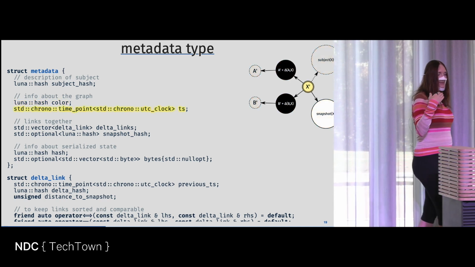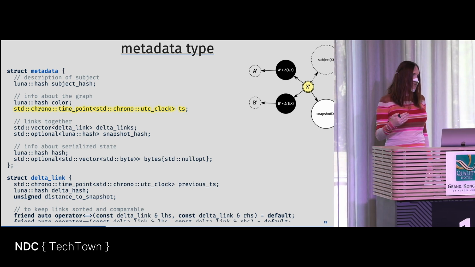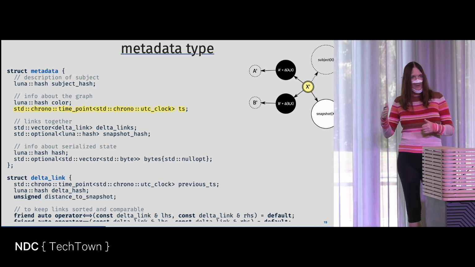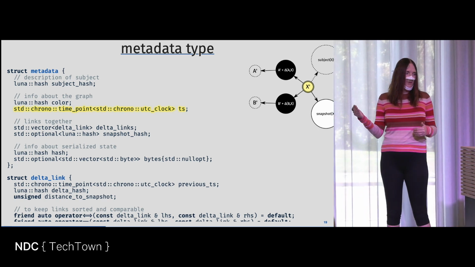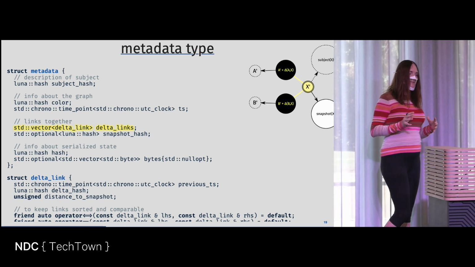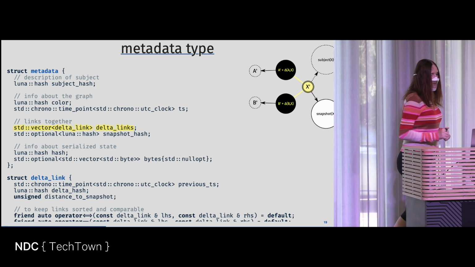And each node has a timestamp when it was created, because I need them sorted. It's actually ordered because you cannot go back in time. You need to go only forward. And then there is a list of links to previous metadata. I call them delta links.